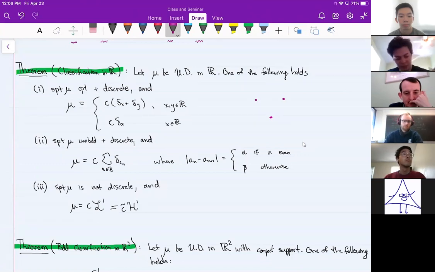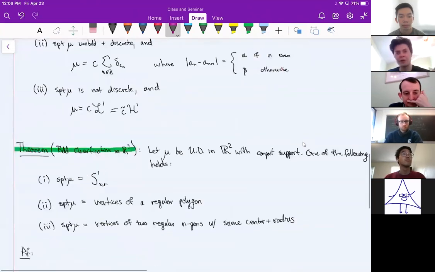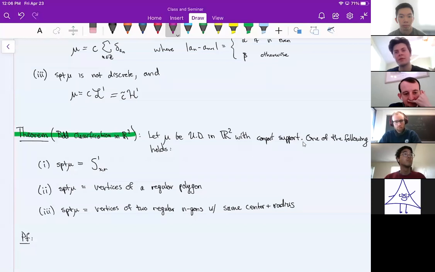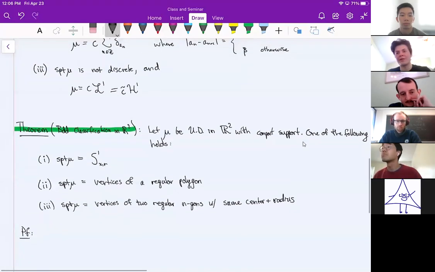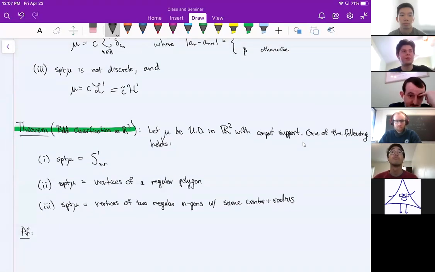And then in R2, if you have compact support, we can classify these. The way you do this is you know from the previous result that the support has to be contained in some circle.